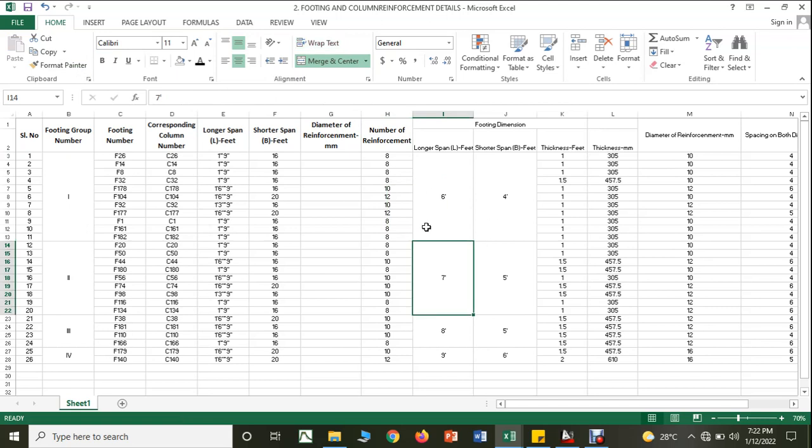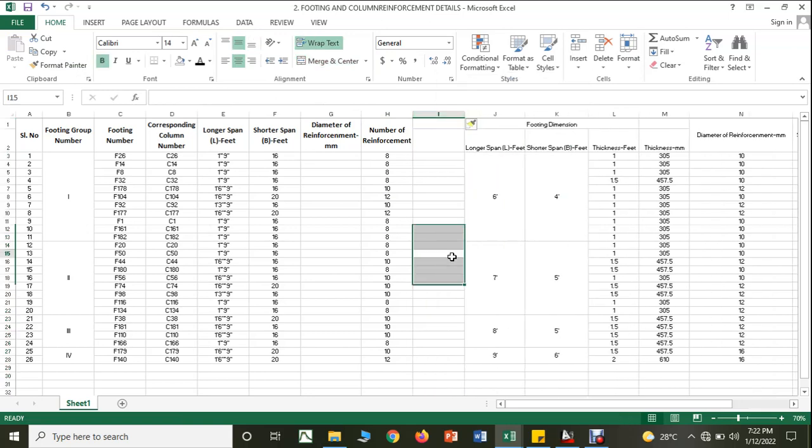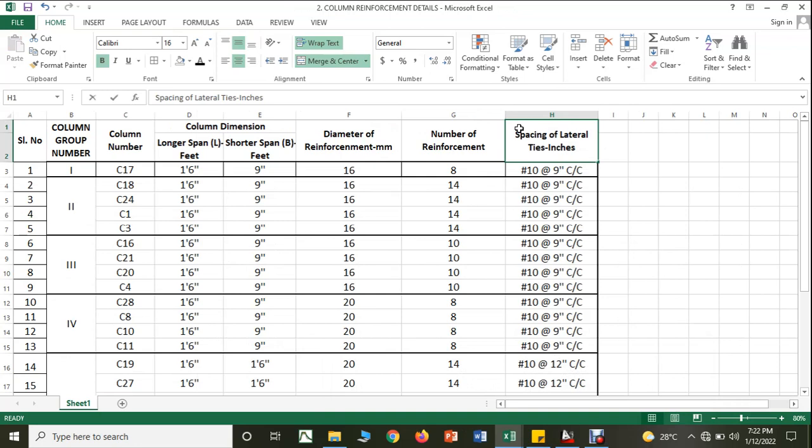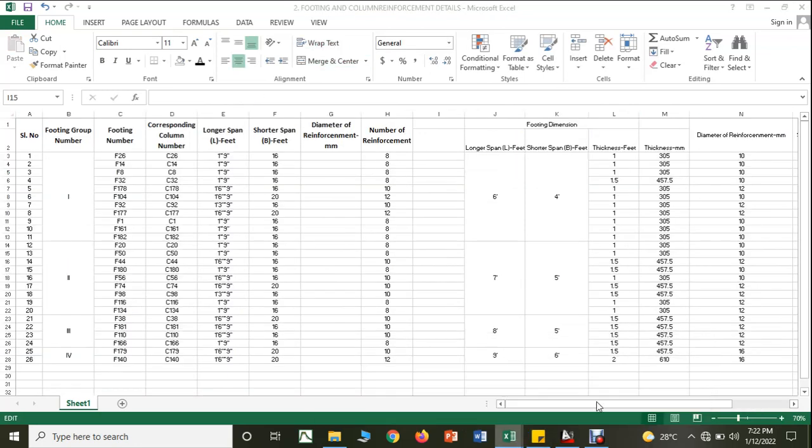Okay, so reinforcement number. Then I can insert and add one more, regarding the spacing of lateral ties. Spacing of lateral ties.